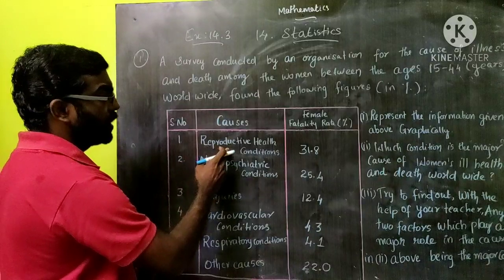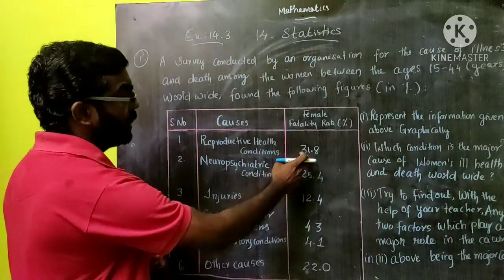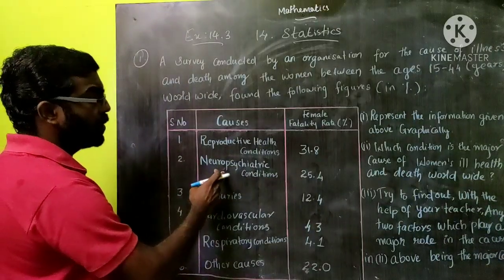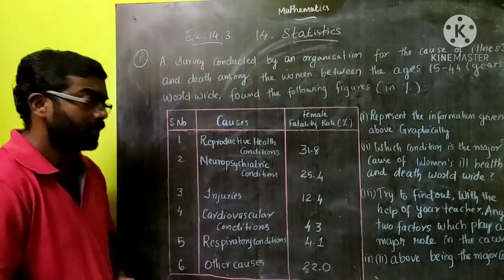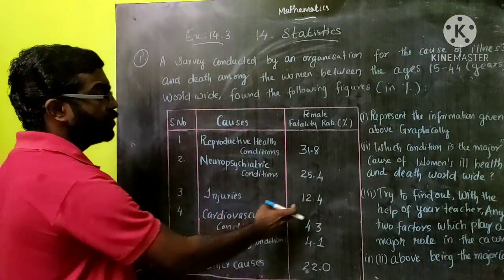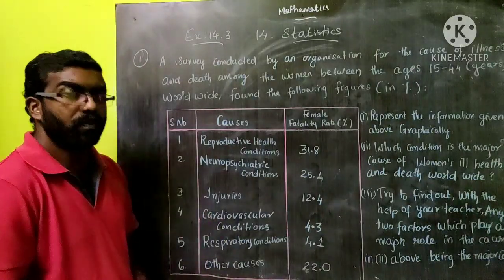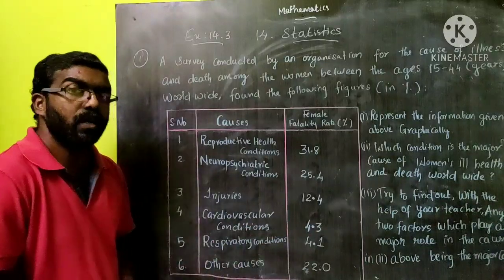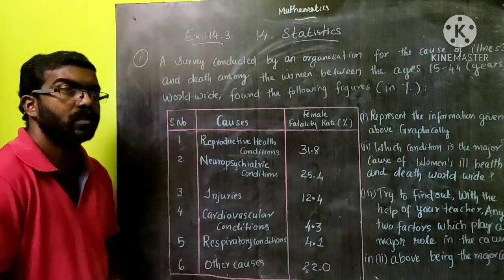First one is reproductive health conditions, 31.8 percentage. Second, neuropsychiatric conditions, 25.4 percentage. Injuries 12.4 percentage. Cardiovascular conditions 4.3 percentage. Respiratory conditions 4.1 percentage. And other causes 22 percentage.